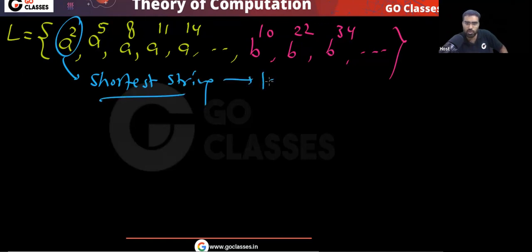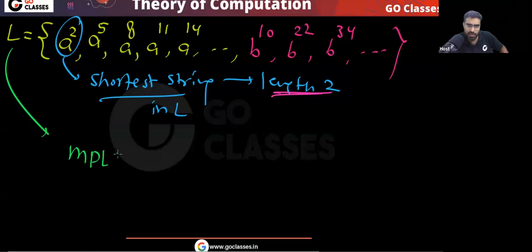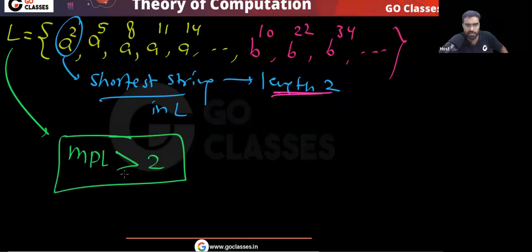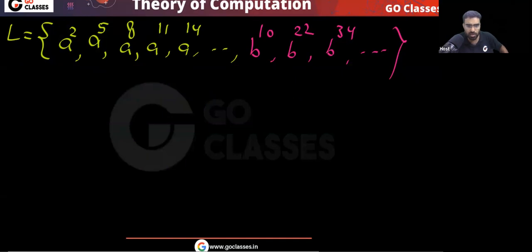Shortest string has length 2. This is the shortest string in L. In this language, this is the shortest string, and this has length 2. So tell me, from where you will start? So I can say minimum pumping length will be strictly greater than 2. So you will start from 3 onwards.